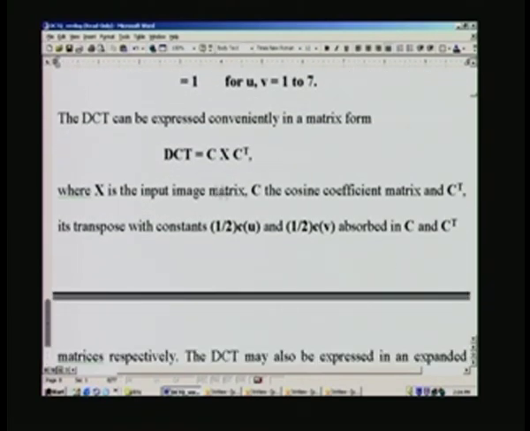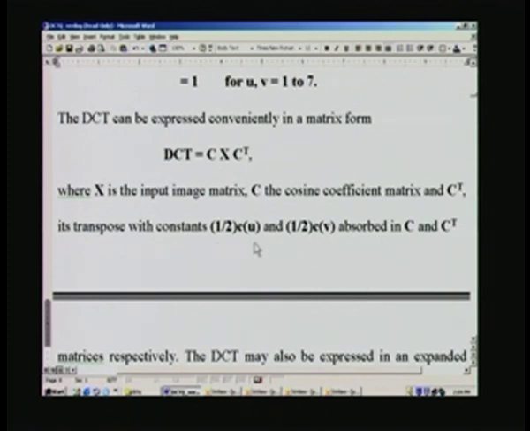So DCT can be conveniently expressed as a matrix product, where X is the input image, a block of the image is what is being referred to here, therefore it has to be 8 by 8 in size. Similarly, C varies from 0 to 7, and naturally C and C transpose will also be 8 by 8 matrices.